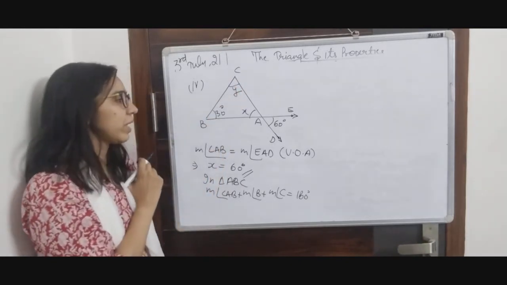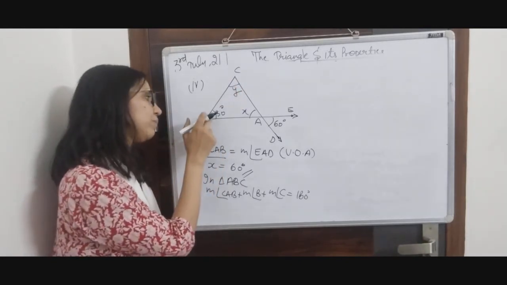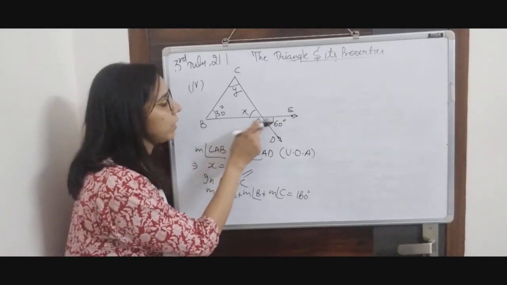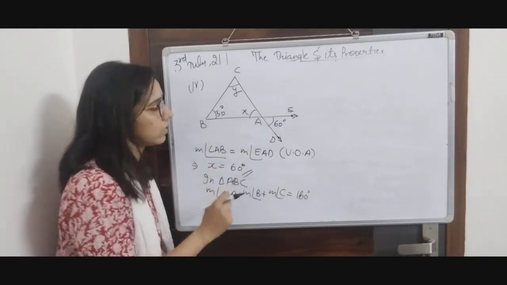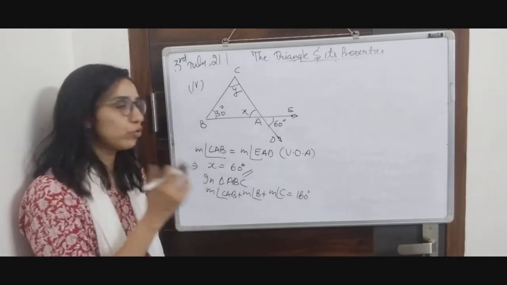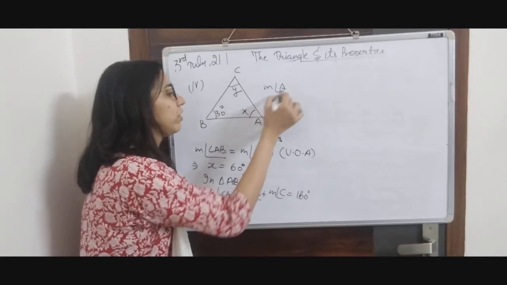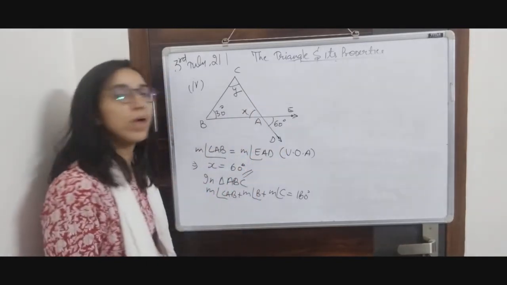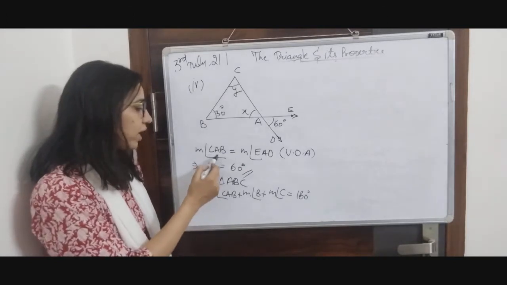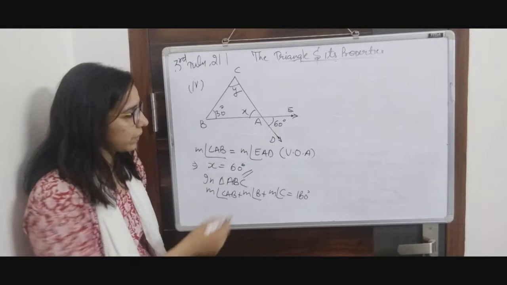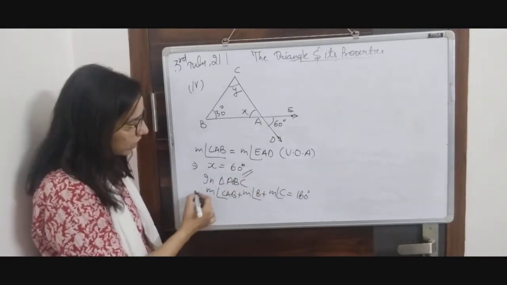When we are talking about angle B, we know that there is only one B angle. But at point A, there are exactly 4 angles. So we don't know what angle we are talking about when we write A. It can mean this one, this one, this one, or this one. So to remove that ambiguity, we are writing CAB or maybe EAD. So that's why we are writing like this.